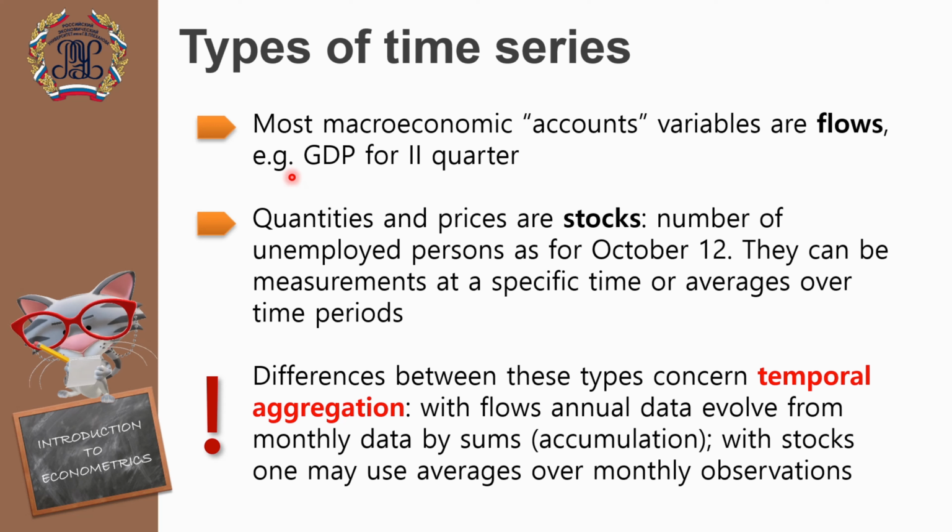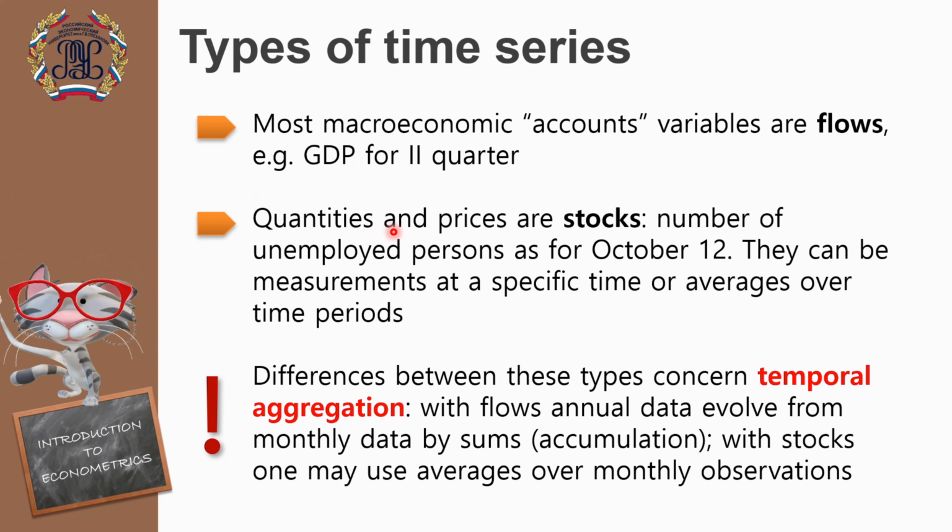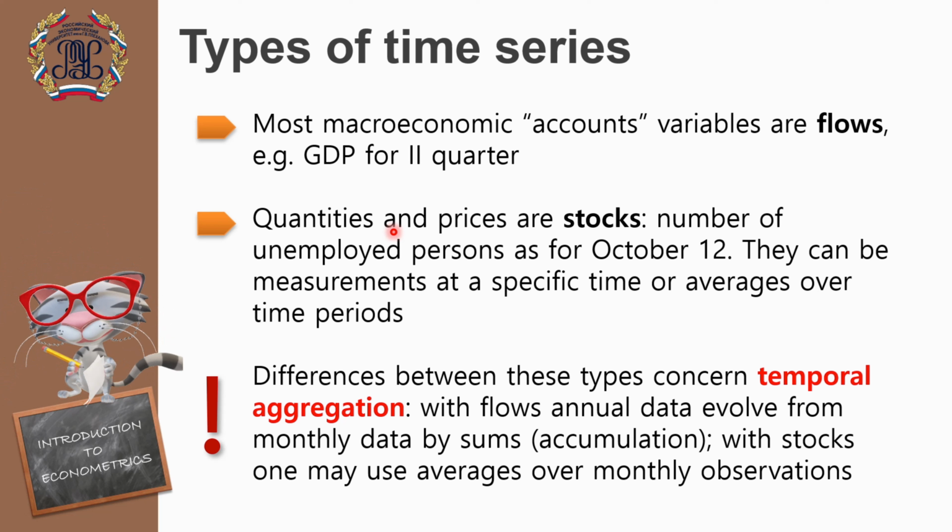For example, GDP for the second quarter, or sales for the first quarter, or for February. And quantities and prices are stocks. For example, the number of unemployed persons as of October 12th. They can be measurements at a specific time or averages over a time period.